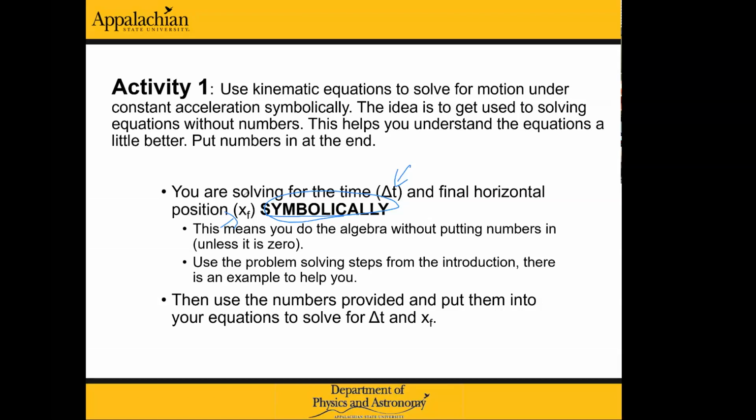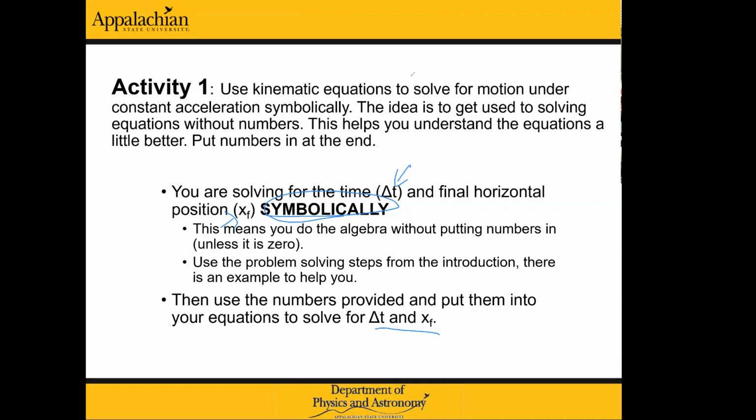So this is something we often require, that when you turn in your homework, you're displaying your algebra with no numbers, because it's much easier to find mistakes that way than it is if you put your numbers in. So then we will, of course, use some provided numbers to calculate that.